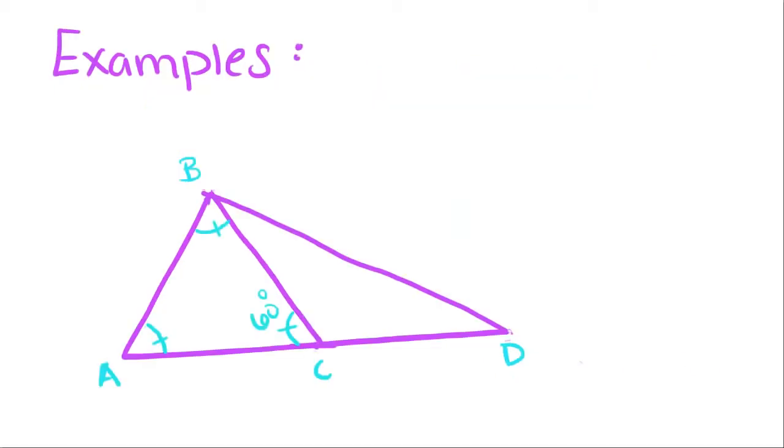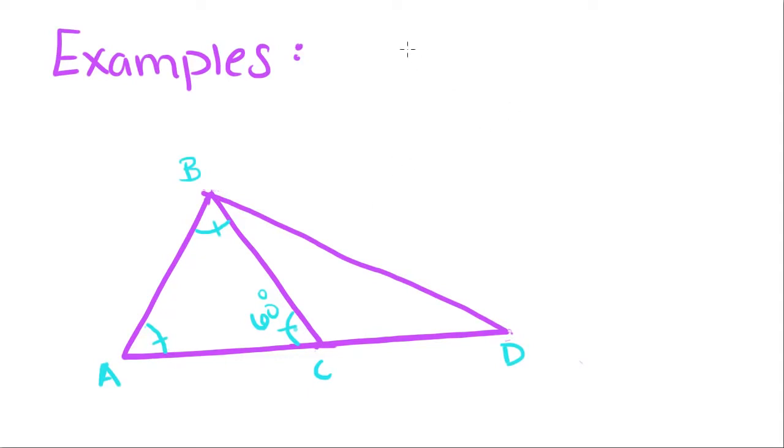Okay, so now we're going to do an example. We have triangle ABC and triangle BCD. And because the triangles are already marked, we know that these three angles are congruent.